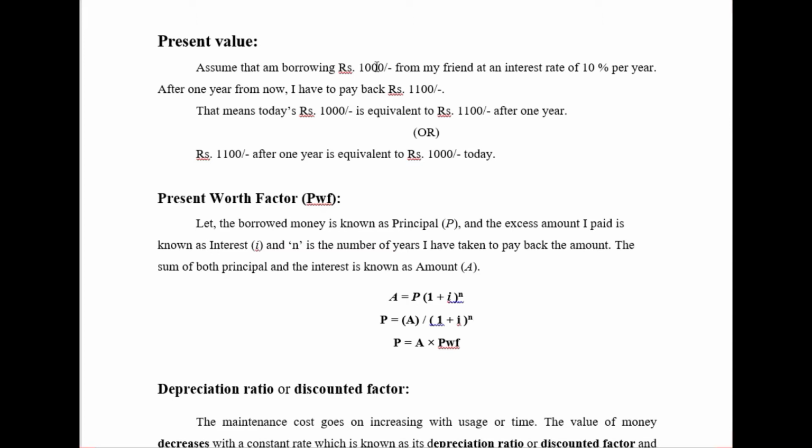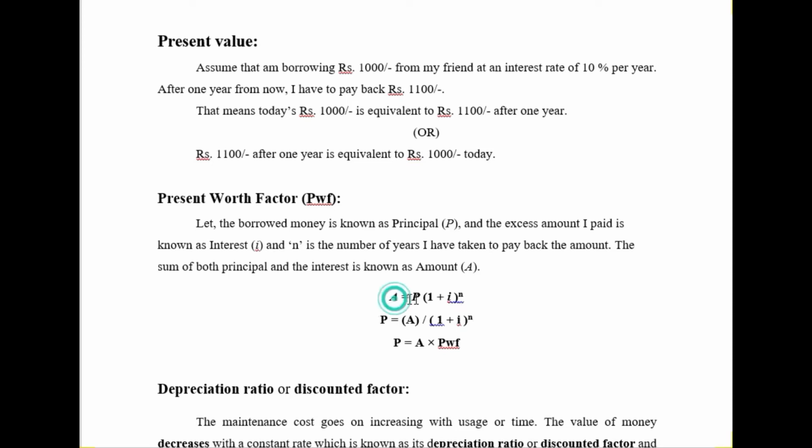With this, we can write the equation A equals P into (1 plus i) power n. A is the payback amount, the final amount. P is the principal amount, i is the rate of interest, and n is the time taken in years.